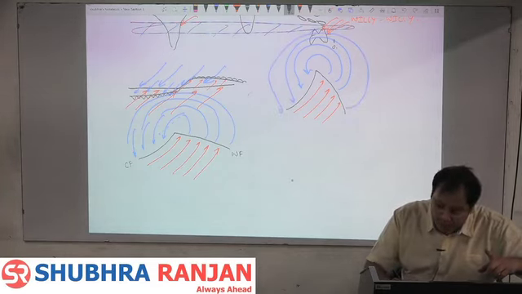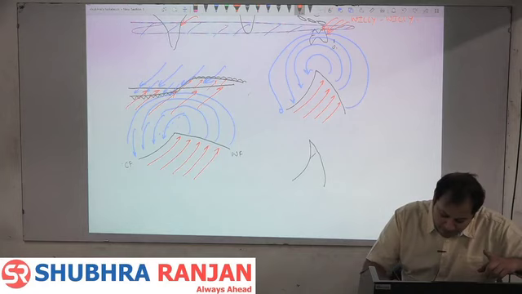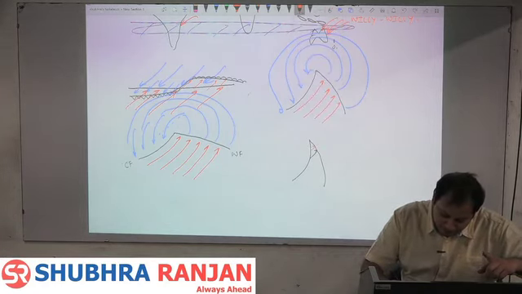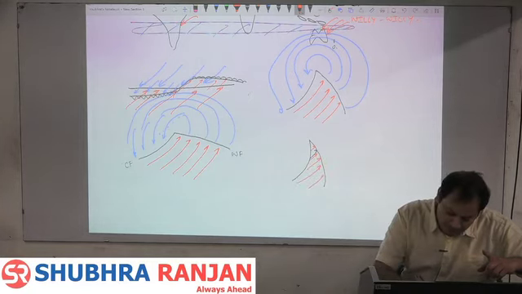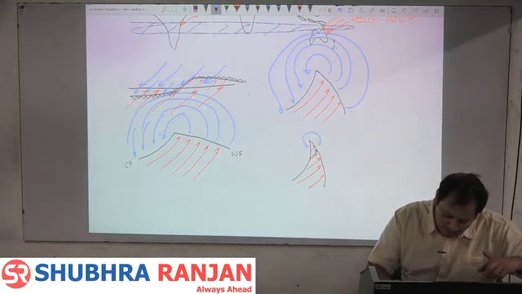Further situation will be again the area of cold air will reduce, warm air will reduce, and this is where the warm air will be trapped. This is where the warm air will be trapped, and this is where how the cold air will start encircling the warm air.